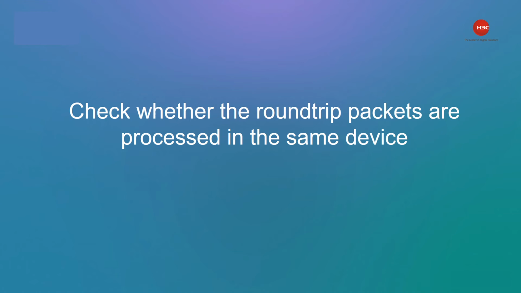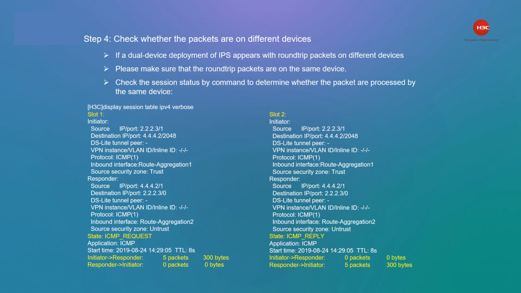Therefore, for the IPS function, it is necessary to ensure that the packets are processed on the same device to ensure the accuracy of detection. You can use the command shown in the figure to view the session on the device to determine whether the packets are processed on the same device.